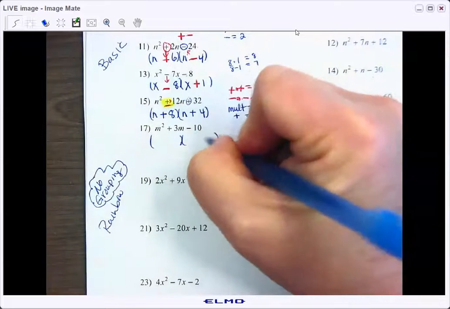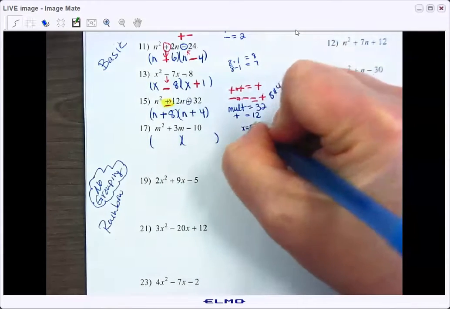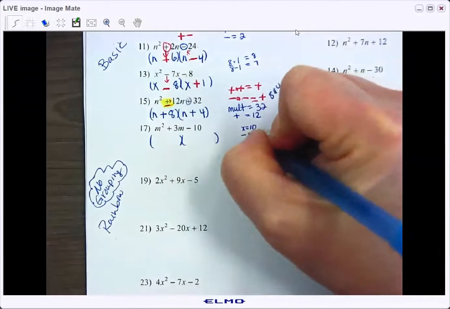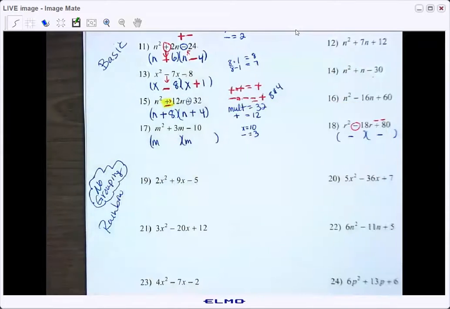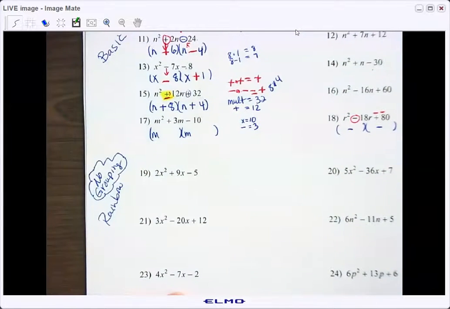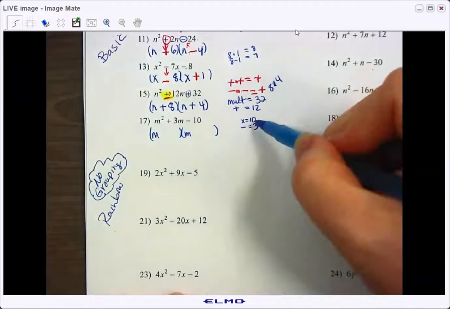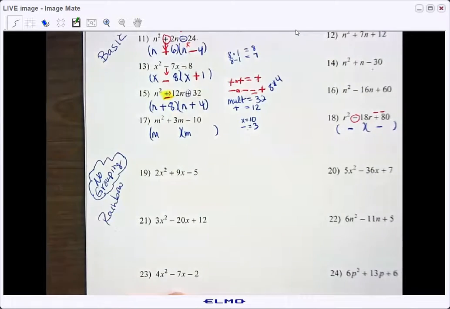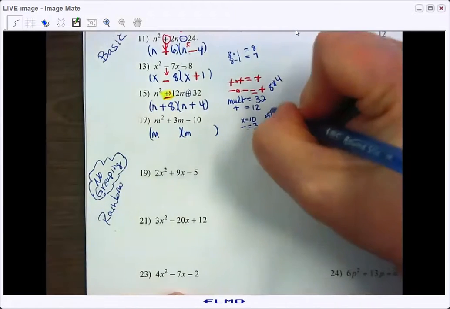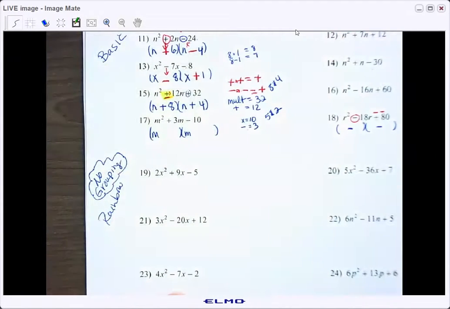My numbers that will multiply to give me 10 and subtract to give me 3. So I have m and m. Well, I like M&Ms. But I need the numbers that'll multiply to give me 10 and subtract to give me 3. Okay. So those numbers would be 5 and 2. And the bigger number dominates.